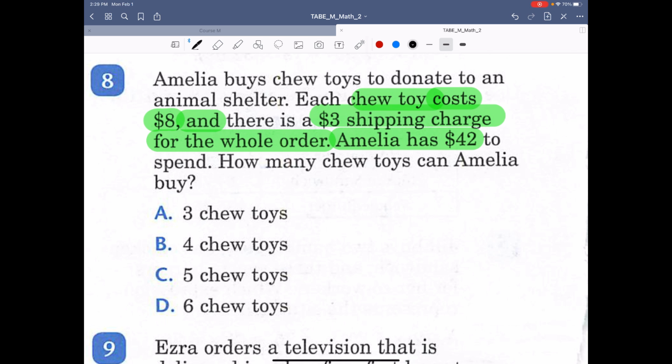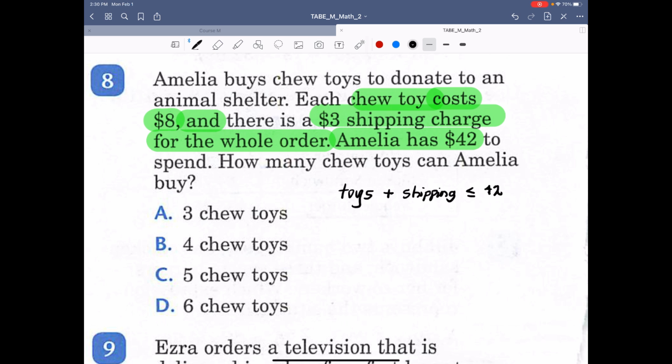We know that the toys plus the shipping cannot exceed $42. It can be 42, but it cannot exceed 42.